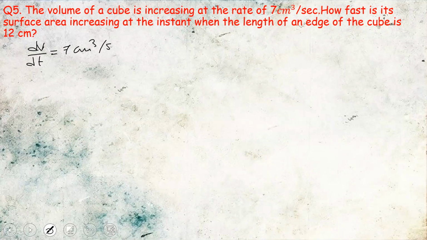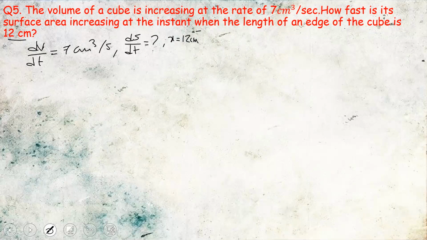How fast is its surface area increasing at the instant when the length of the edges of the cube is 12 centimeter? Here you need to find dS/dt, that is the rate of change of surface area with respect to time, when this x is 12 centimeter. That means the edge of the cube is 12 centimeter.